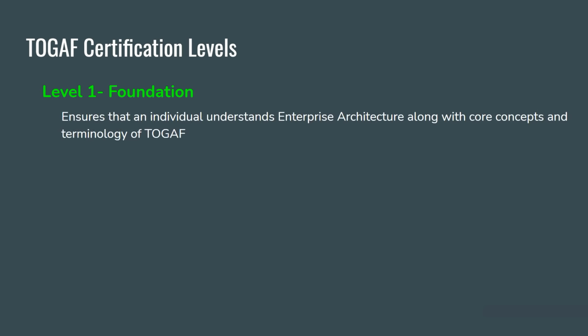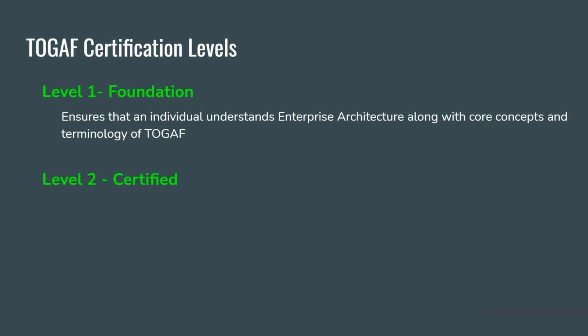So what are the levels of the TOGAF certifications? There is level 1, called Foundation, and this certification ensures that the individual understands enterprise architecture along with its concepts and the terminology defined by TOGAF.